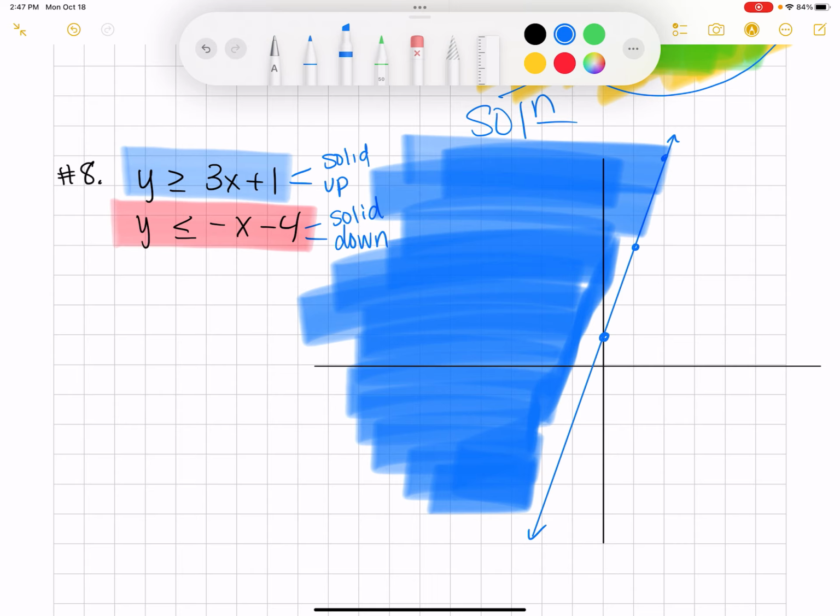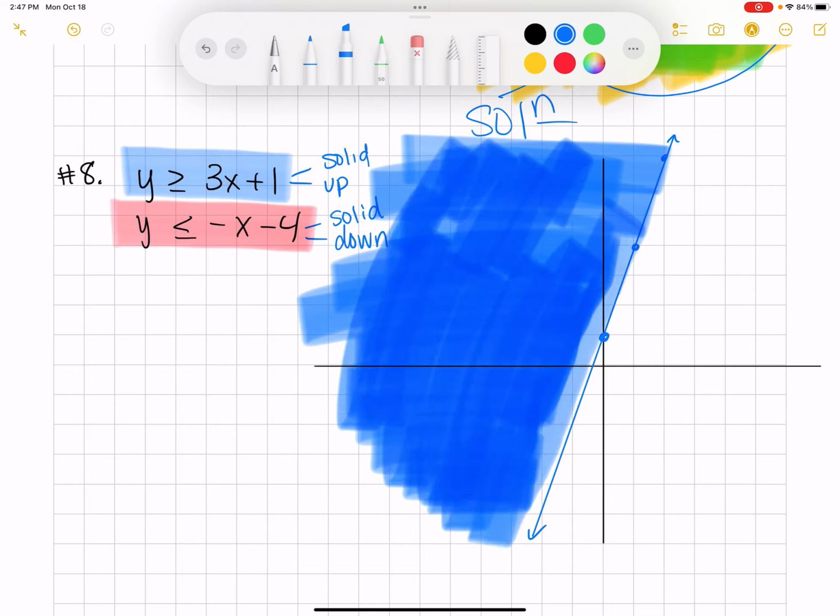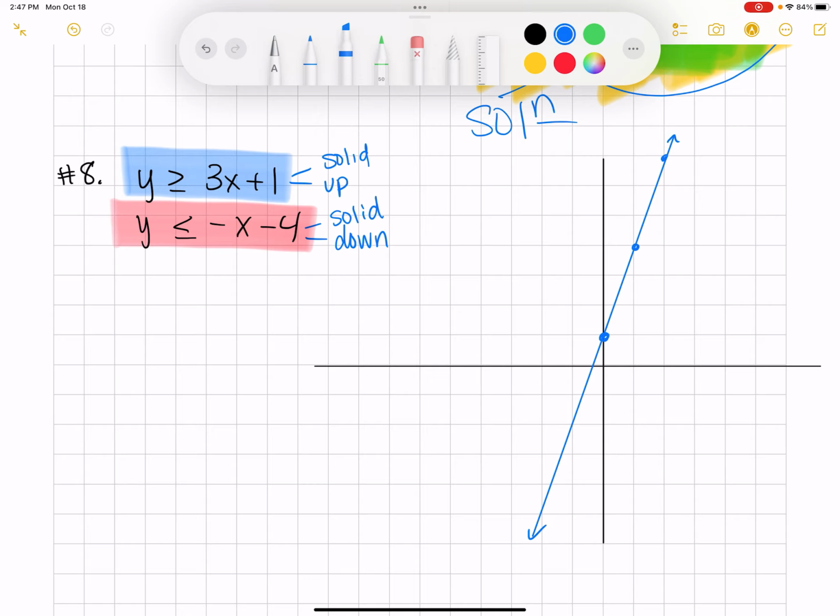Wait. So it's the more of the graph that has the bigger side? You shade wherever the y values are up in this case.